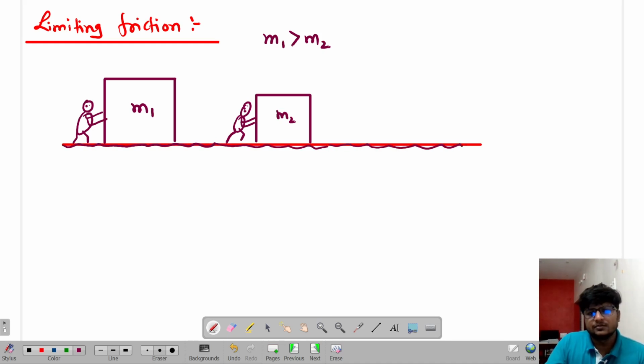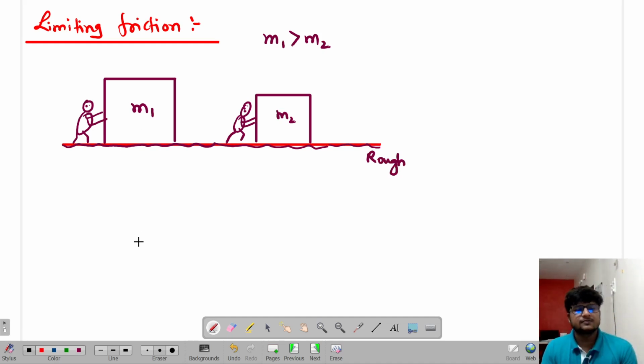So my question is very simple. Which body will easily move? Tell me, which body will easily move? M1 or M2? M2 will easily move. Correct. How are you saying it? Because you are looking at the mass over there or something like that.